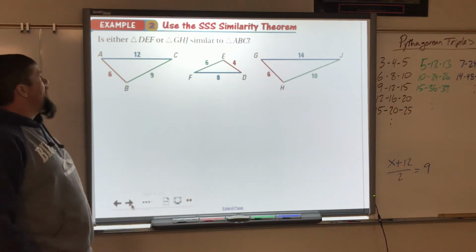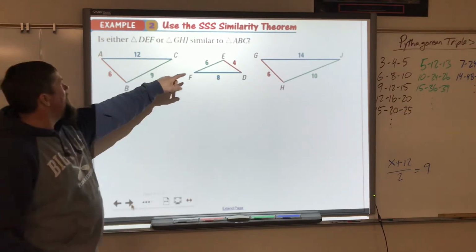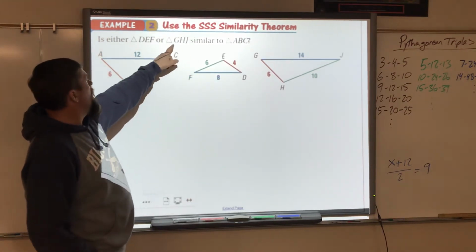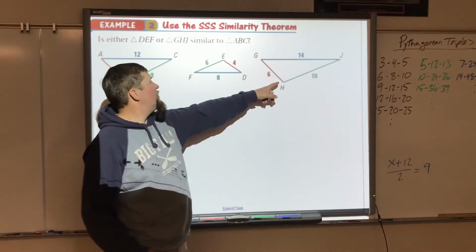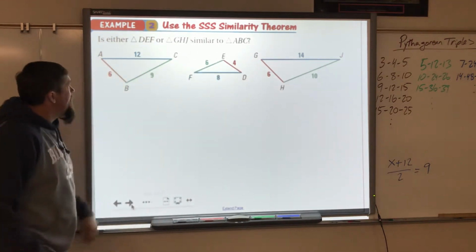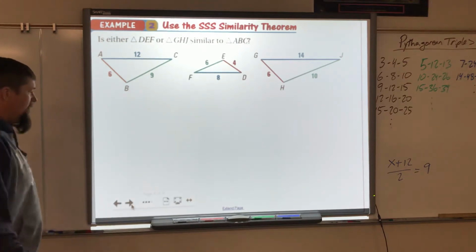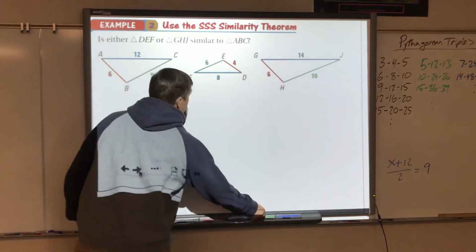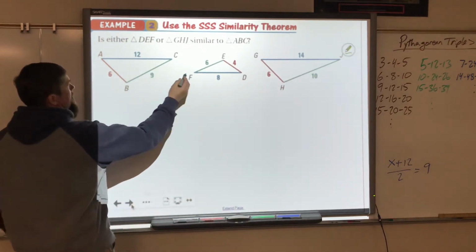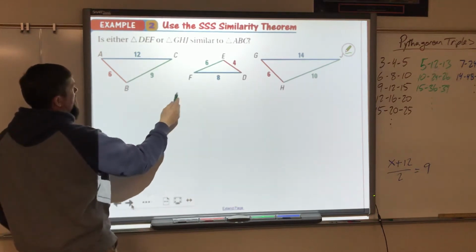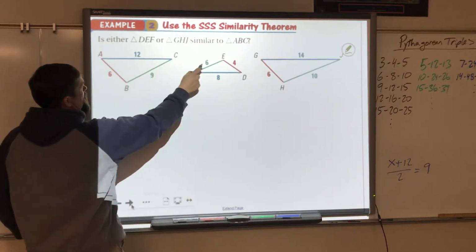Is either triangle DEF or GHJ similar to ABC? Okay, again, we need to just set up the proportions. So let's try these two first. So let's take green to green.